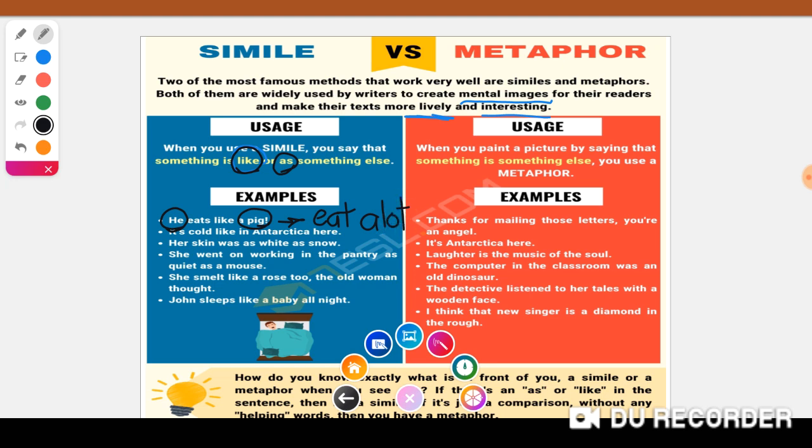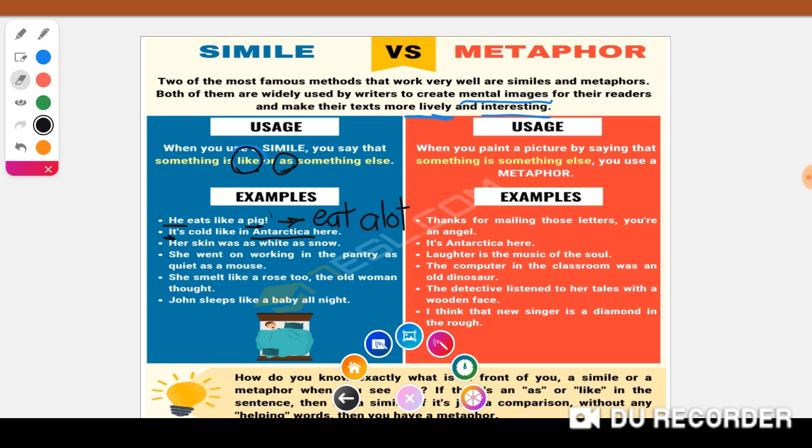It's cold like in Antarctica here. So what are we comparing in the second sentence? We are comparing the weather, which I refer to by it, to Antarctica, a continent which is very cold.